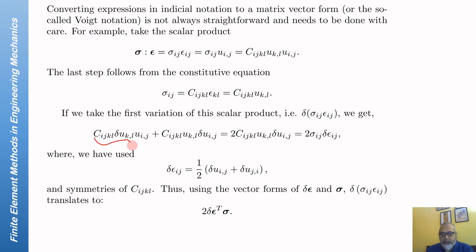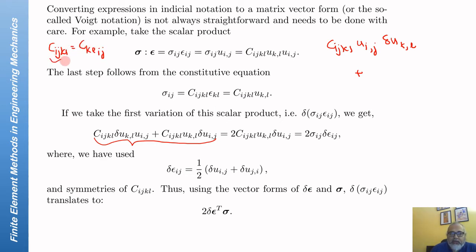Now to handle this, we can do kind of the reverse of what we have done. We can write this as Cijkl ui,j delta uk,l plus, and here we can use the symmetry of the stiffness matrix that we have not used so far.